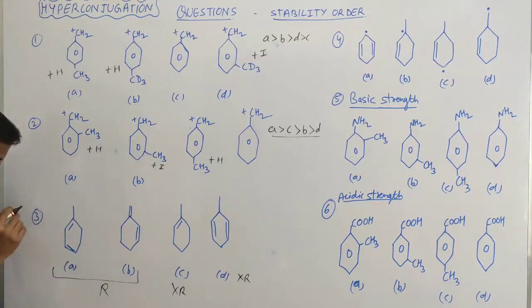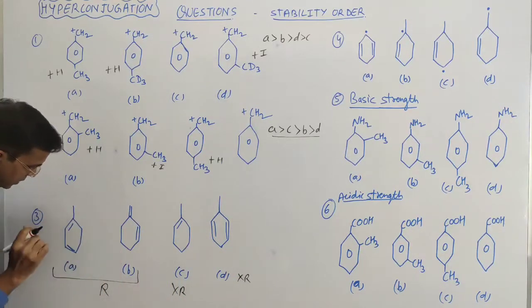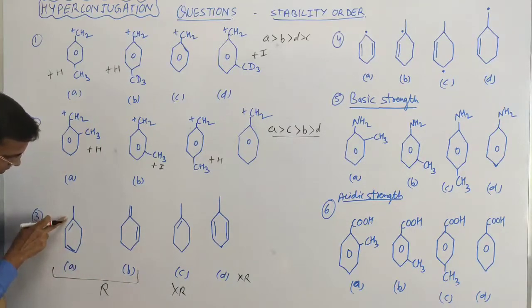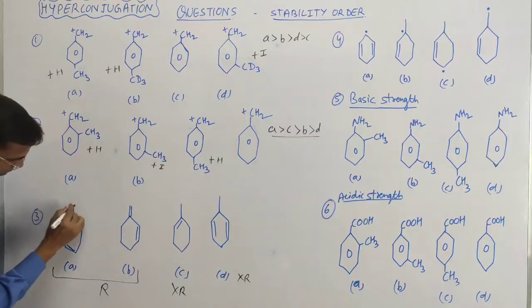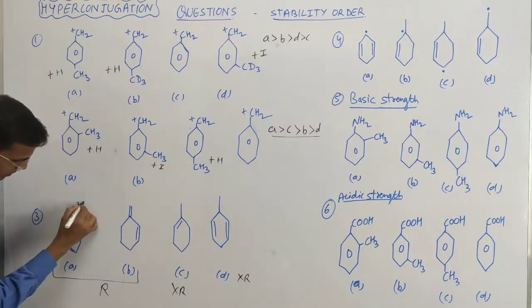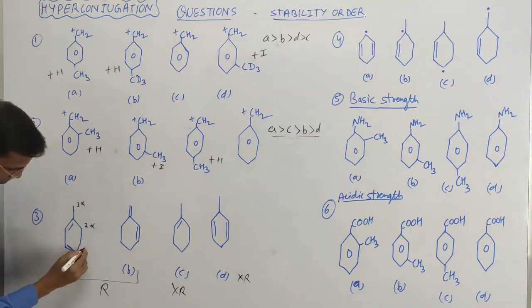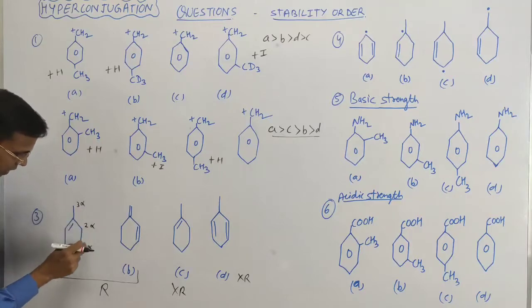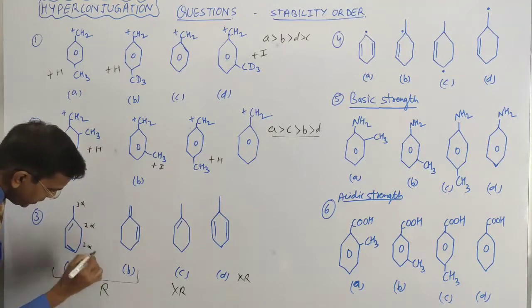Now the H effect. When you compare these two, here is 3 alpha, 2 alpha, and this also 2 alpha, so 3, 5, 7. So 7 alpha in total.